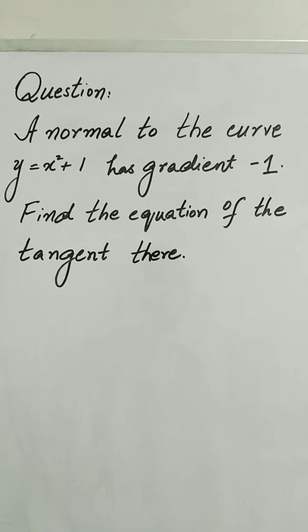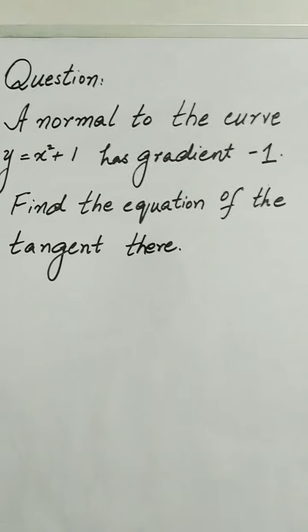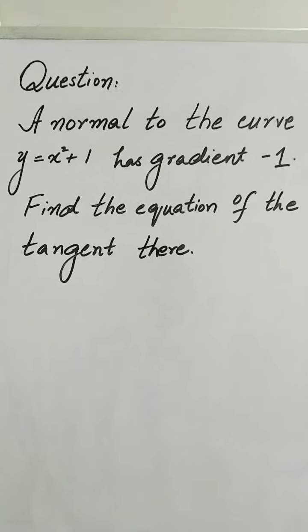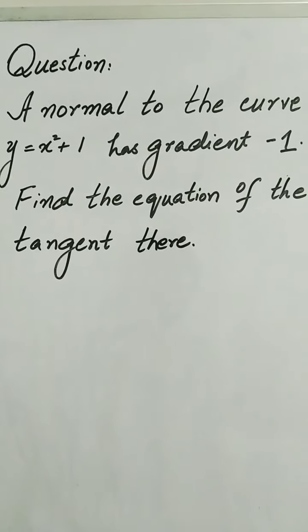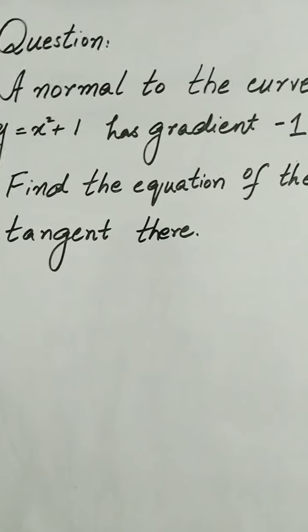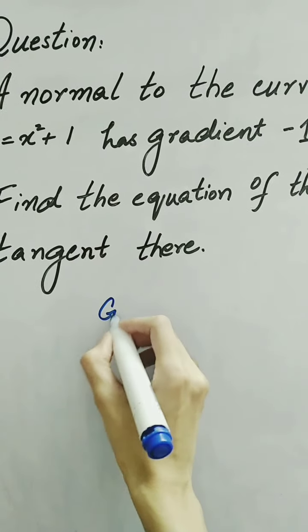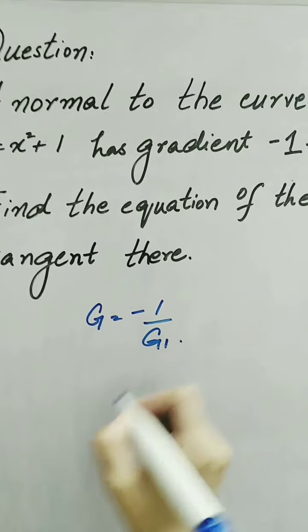Now look at another question here, in which we have to find the equation of the tangent, which is normal to the curve y equals x squared plus 1 and has a gradient of -1. So first of all, we will find the value of x with the help of the gradient formula. But we know that for the normal, the gradient is -1 over g1.